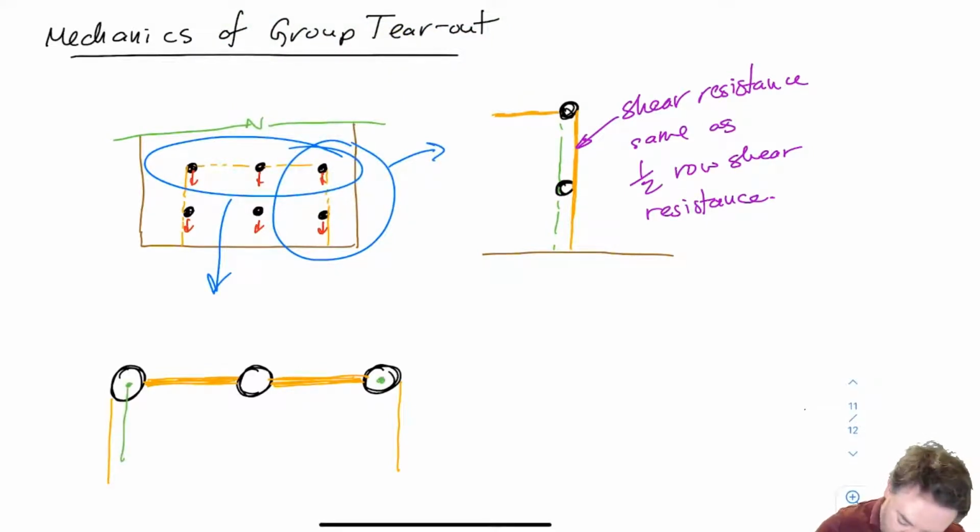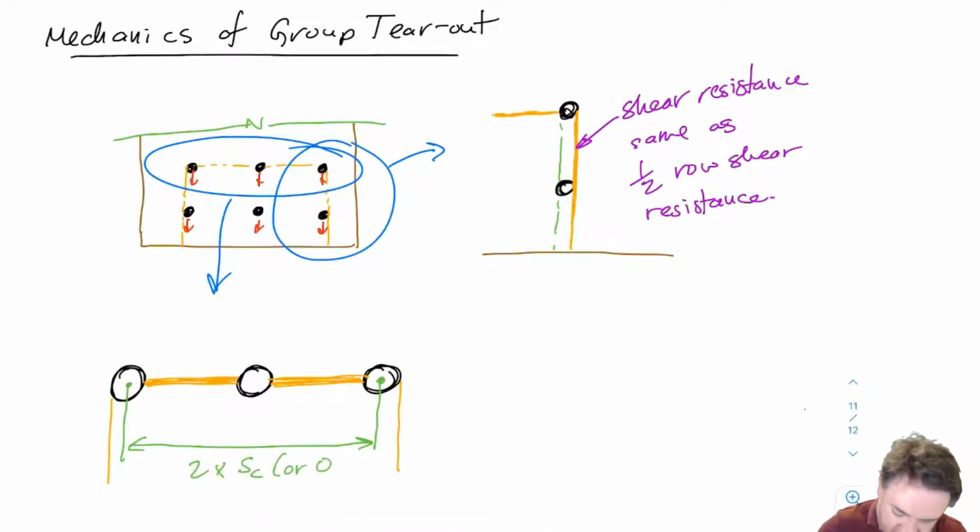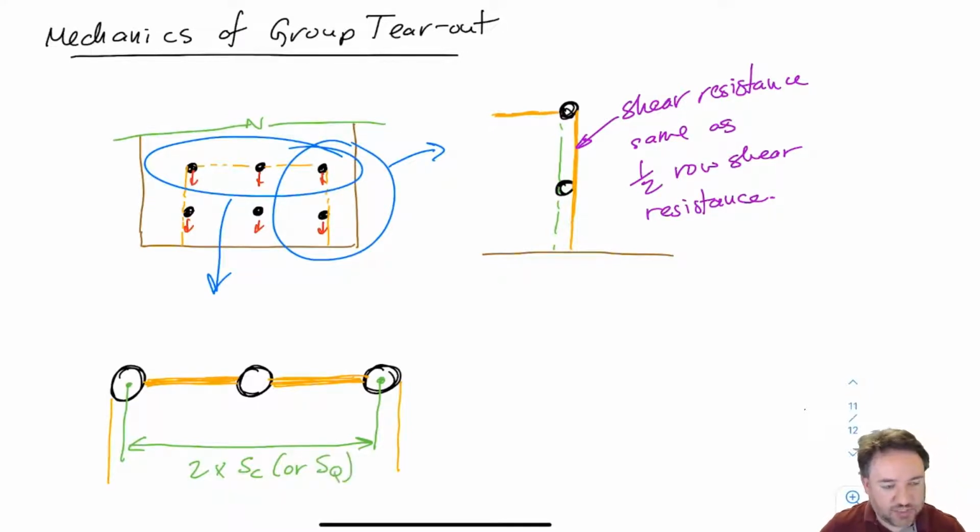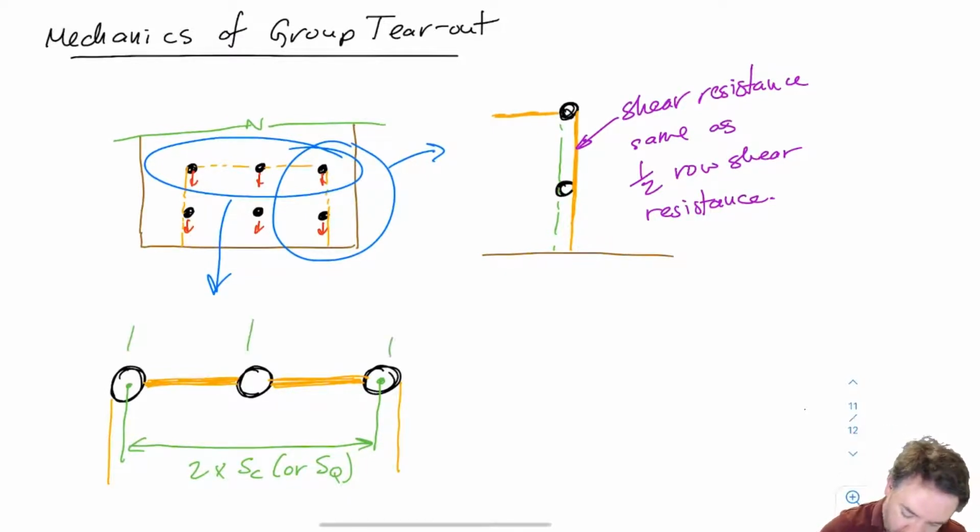If I go from center to center, in this particular case, this would be 2 times my SC, which is my column spacing, or SQ if I'm talking about the perpendicular to grain spacing. Okay, so I have in this case 2 individual bolt spacings, right? One between here and here, and one between here and here. So those are my 2 bolt spacings. That's why it's 2 times.